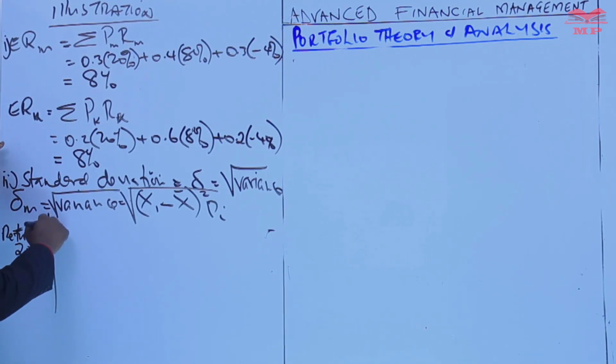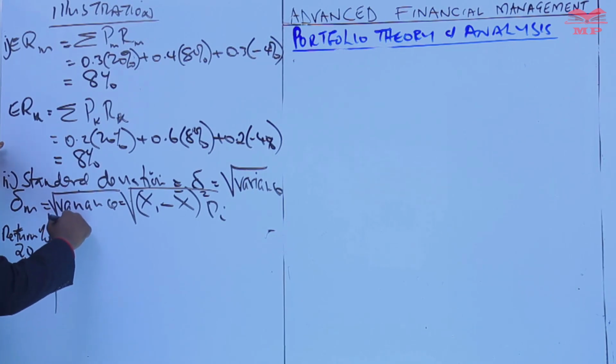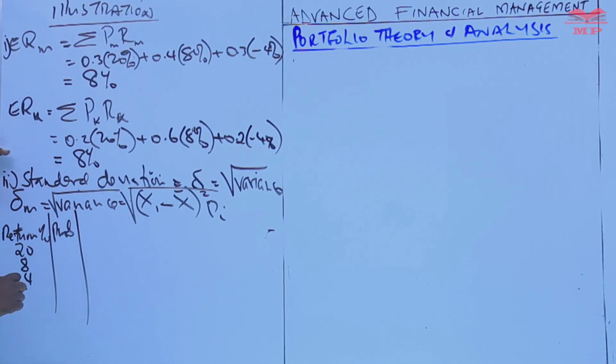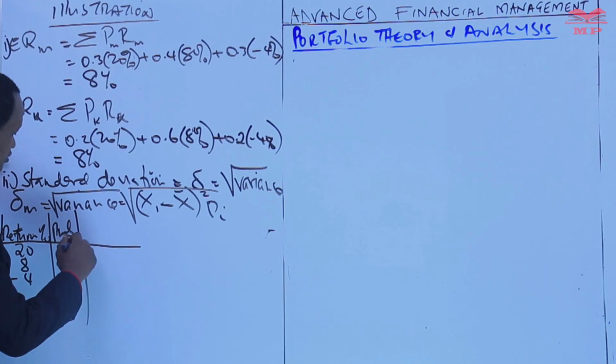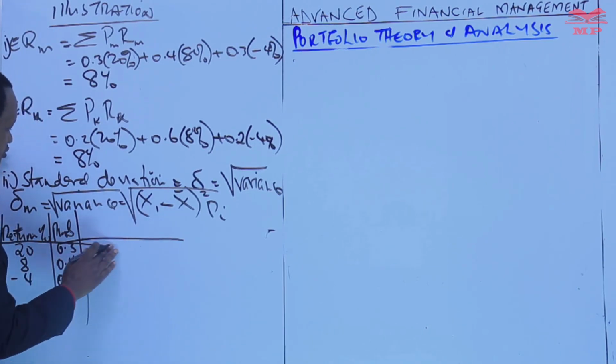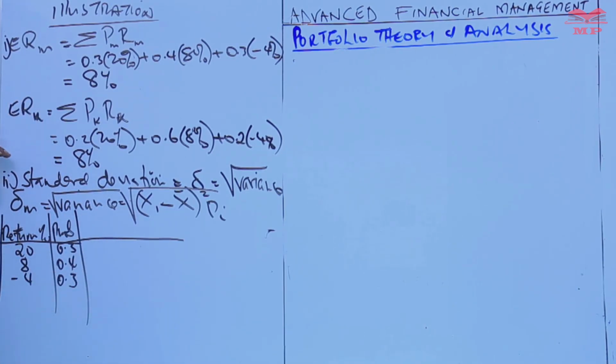The probabilities are also provided: 0.3, 0.4, 0.3. These values are provided in the question.